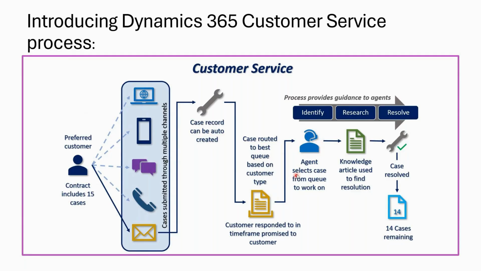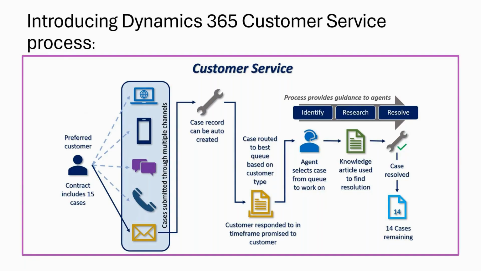The agent selects the case from the queue to work on it, identifies the issue, and if there is any generic issue they can go and see in the knowledge articles. If that issue is there, then it can be resolved and the case can be closed. That can be communicated to the customers via email or phone call or however. Clear? Any questions on this process?